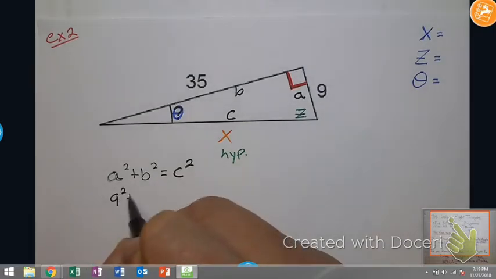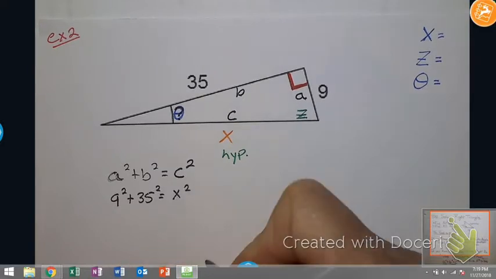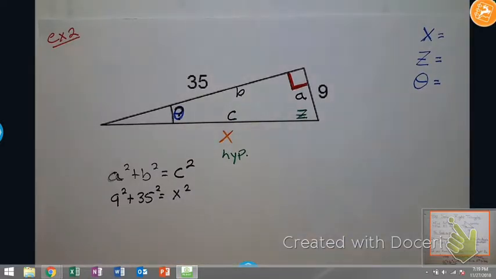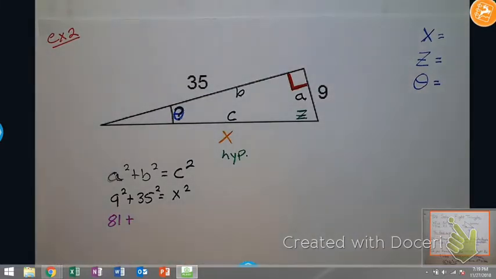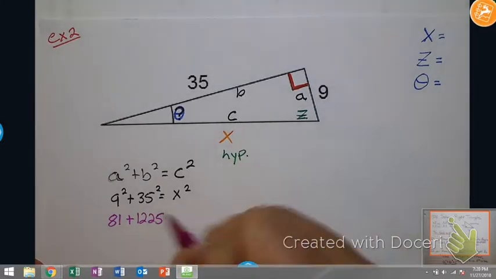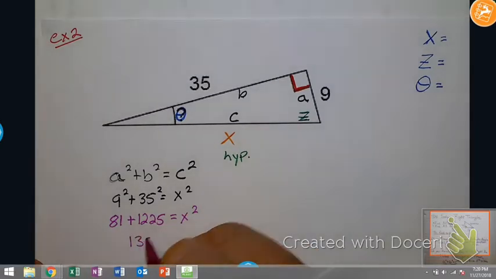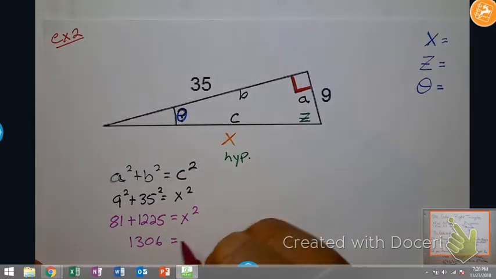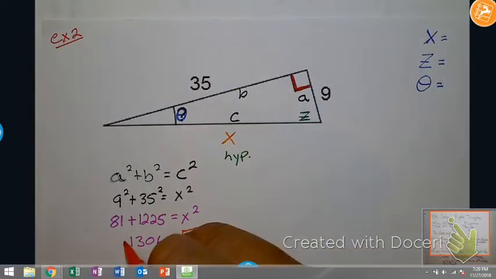Plug them in: 9 squared plus 35 squared is going to equal x squared. Nine squared is 81, plus 35 squared is 1,225, equals x squared. Addition, 1,306 is equal to x squared. Now, to solve for x, we need to square root both sides of the equation.